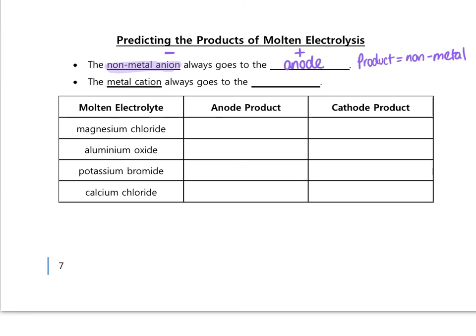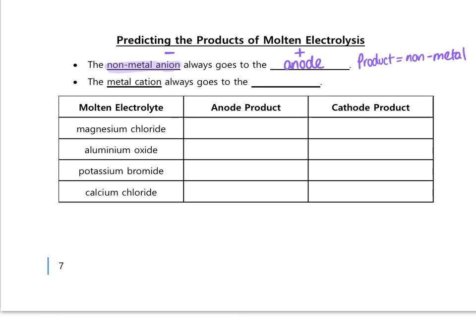We learned that back in year 11, because electrons are transferred from the metal to the non-metal. So the non-metal gains electrons essentially when they're bonding. So here the product is always going to be a non-metal at the anode, because the non-metal ion is the negative one, so it's attracted to the positive electrode, which is the anode.